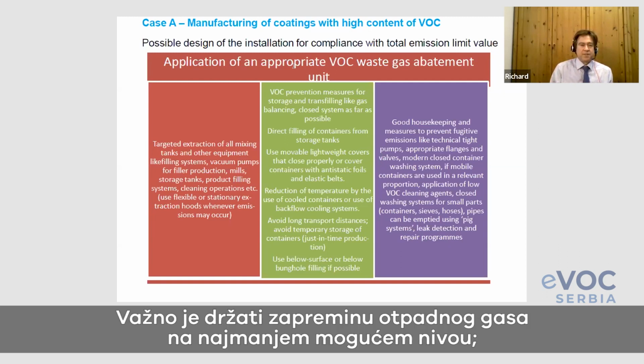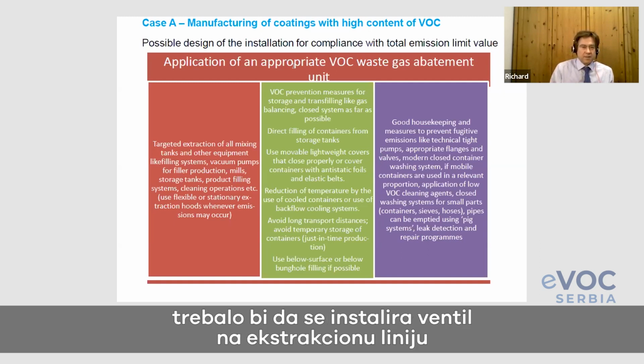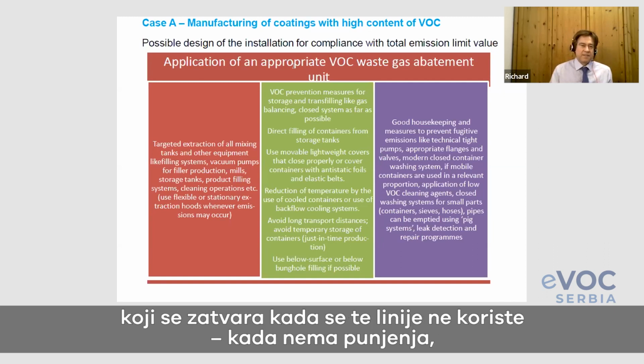Important is to keep the waste gas volume as small as possible. So you should implement or install in the line something like a valve. The best would be automatically, but manually it's okay too. A valve in the extraction line where you close that line when you don't use that lines.